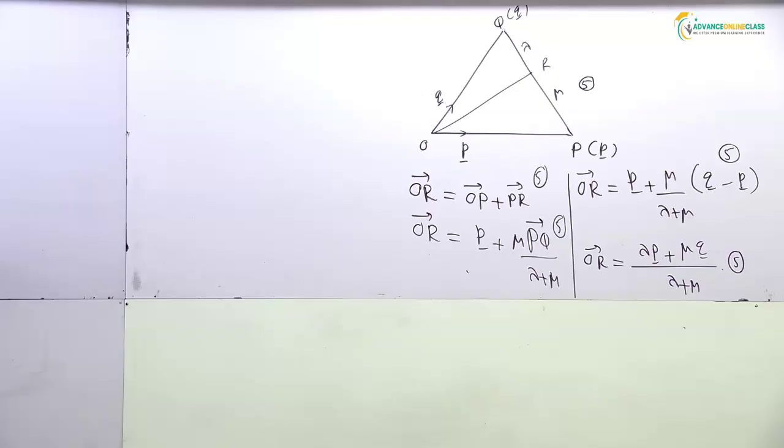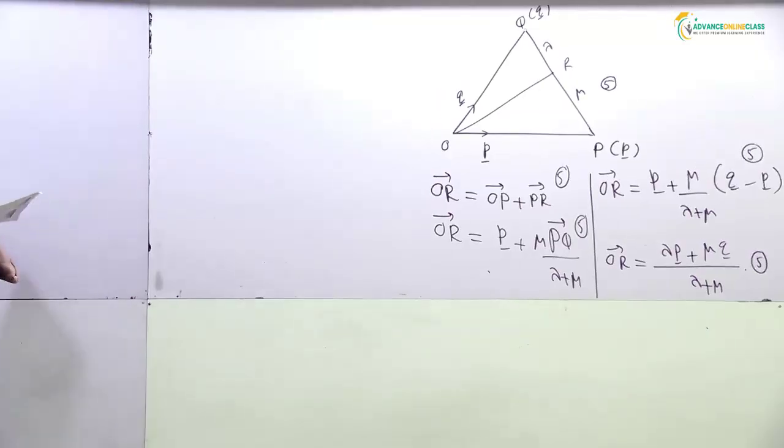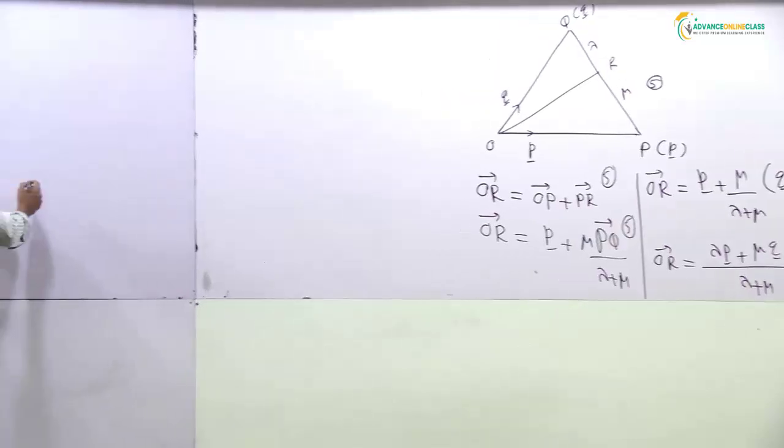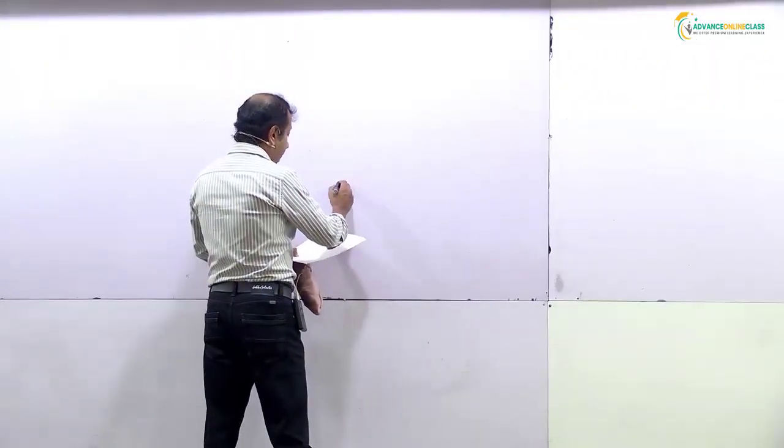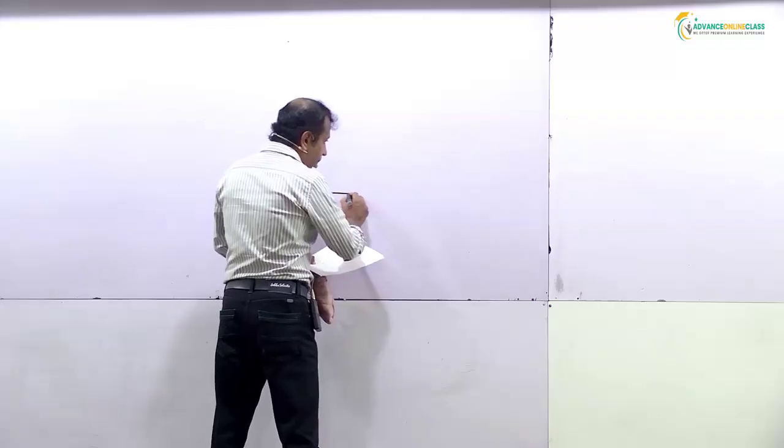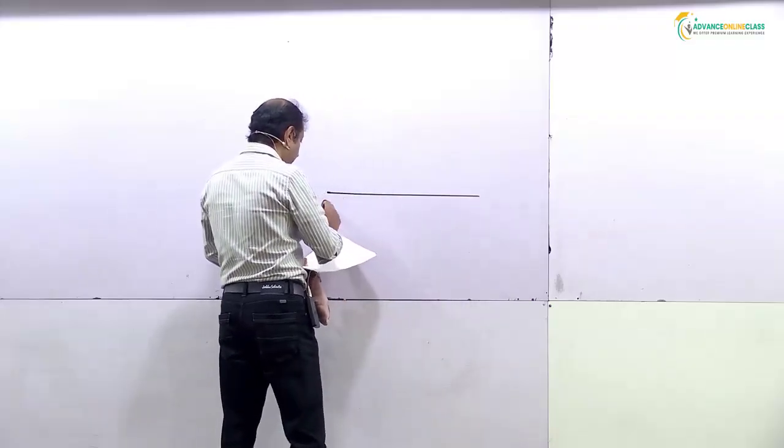Okay. I will do the diagram there. This way we have O here, A here.